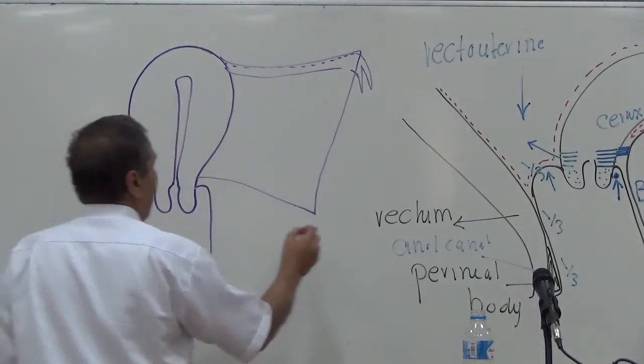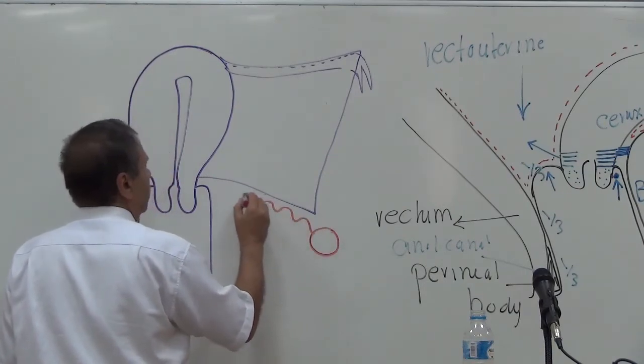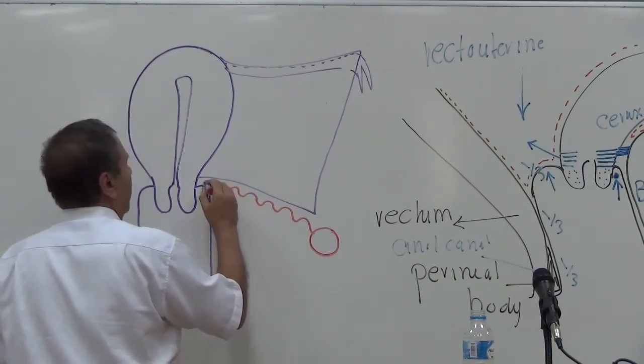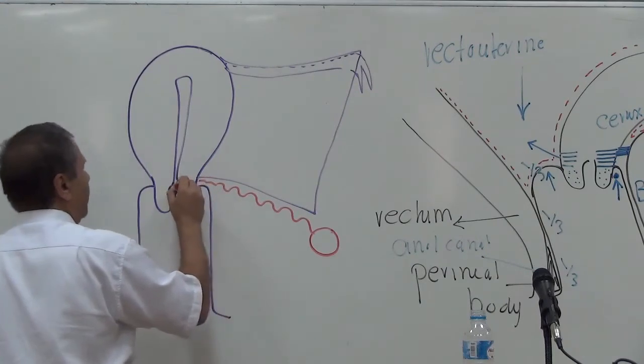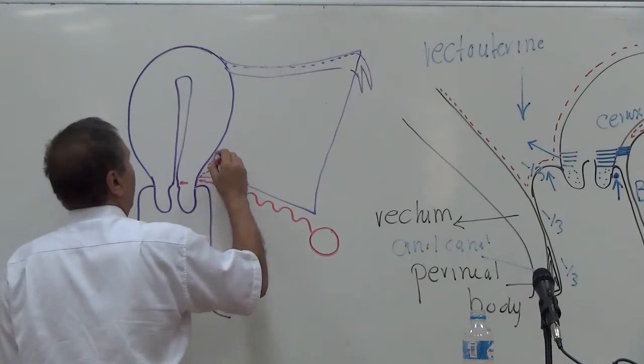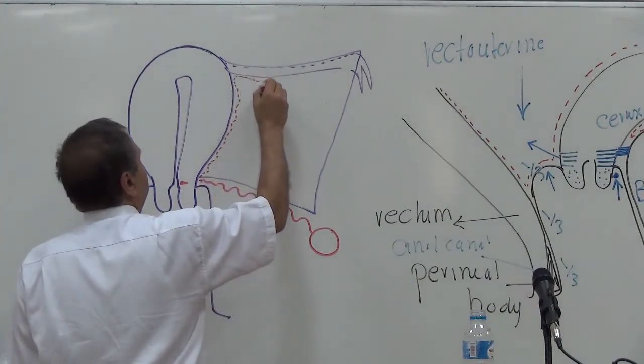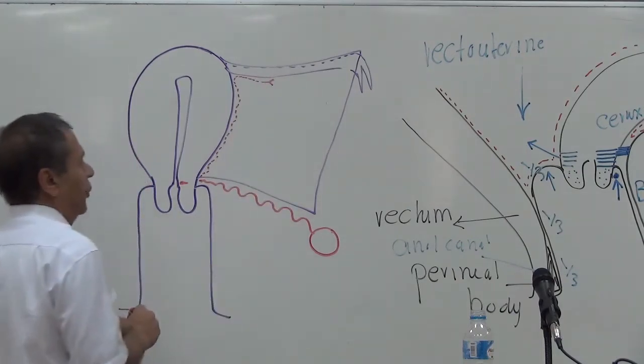You know the uterine artery is from the internal iliac artery and it passes at the lower edge of the ligament. Then at the level of the internal os, it passes on the side wall of the uterus, inside the broad ligament. This is the uterine artery.